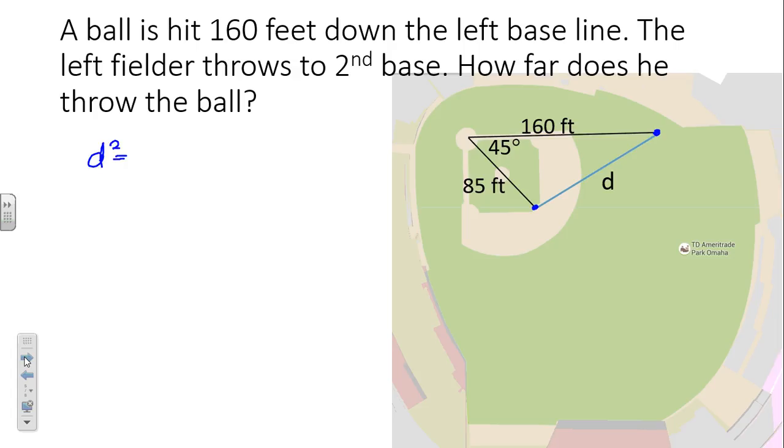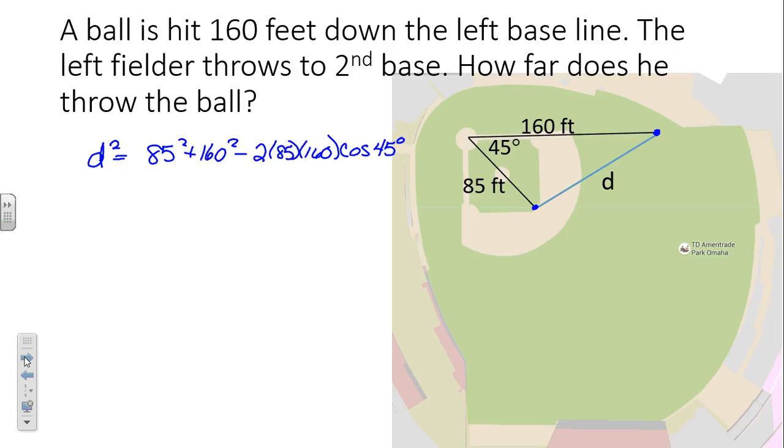It's going to be equal to 85 squared plus 160 squared minus, yep, times the cosine of, yep, because a baseball diamond is, for the most part, a square, isn't it? And the diagonal is going to bisect that angle. And then we work it from there. Nobody needs to see that worked, right?